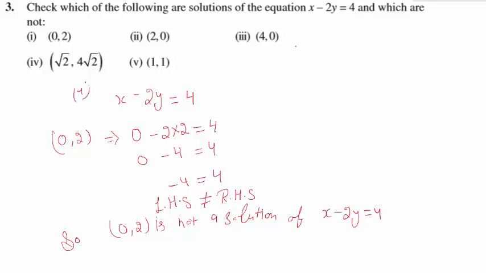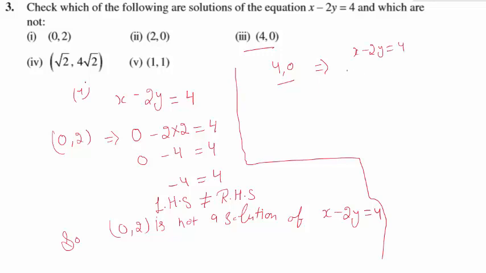Similarly, you can try for this. Now for the third part, that is 4 and 0, substitute the value in the equation x minus 2y equals 4. x is 4, and minus 2 into y, which is 0, equals 4, and this will become 4 equals 4.